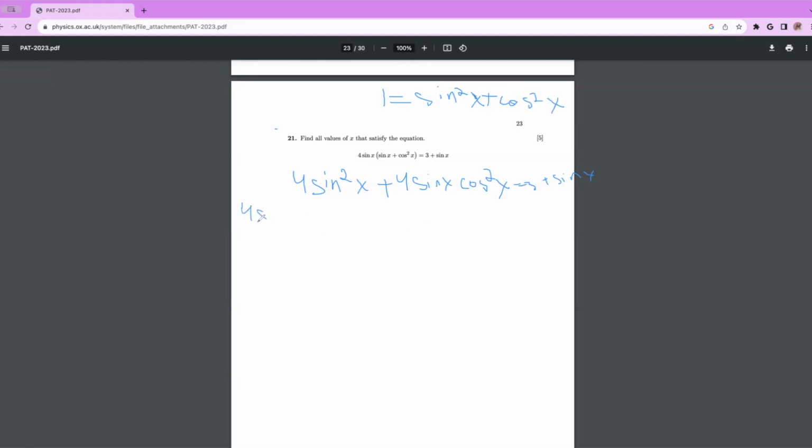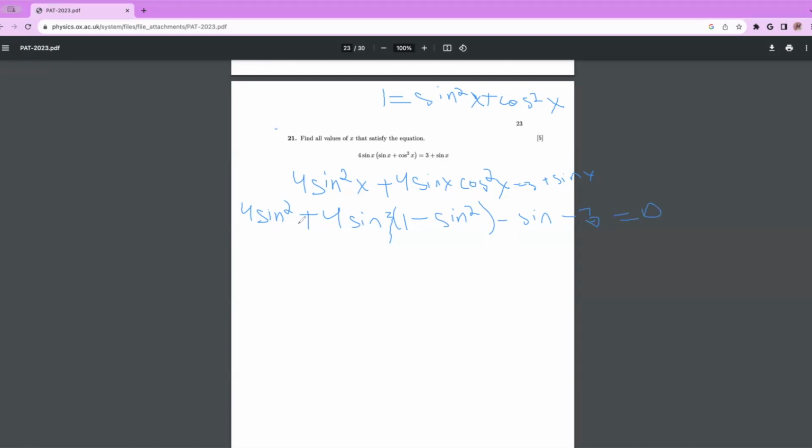Now I'm just going to write sine squared for now, but assume it's of x. 4 sine squared plus 4 times sine times 1 minus sine squared, minus sine, because we can bring all the stuff onto one side, minus 3 is equal to 0.